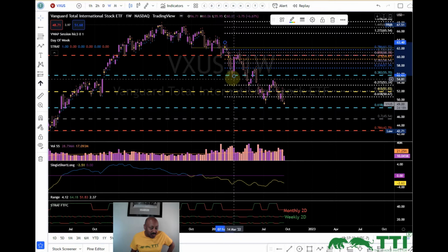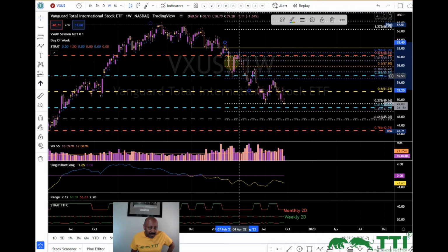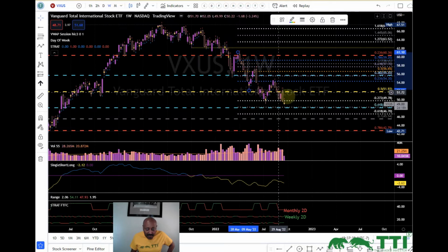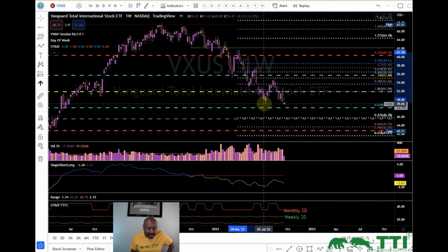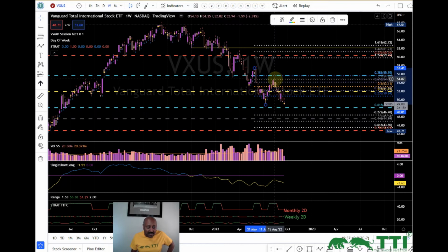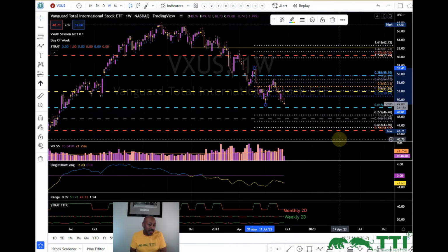So you just keep moving along the way. Here it might be one where here's 23.6 and here's 38.2, so that's also breached. So you just keep moving this down. You just keep moving this down.